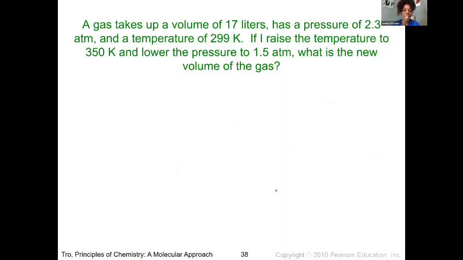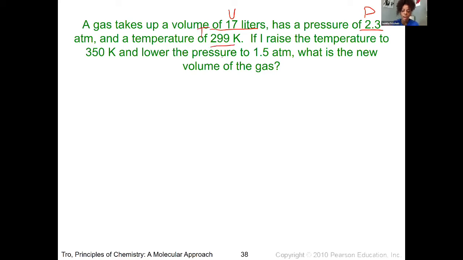It says a gas takes up a volume of 17 liters, has a pressure of 2.3 atmospheres, and a temperature of 299 Kelvin. If I raise the temperature to 350 Kelvin and lower the pressure to 1.5 atmospheres, what is the volume of the gas? So again, go through and figure out what we know. We have a volume, we have a pressure, we have a temperature.